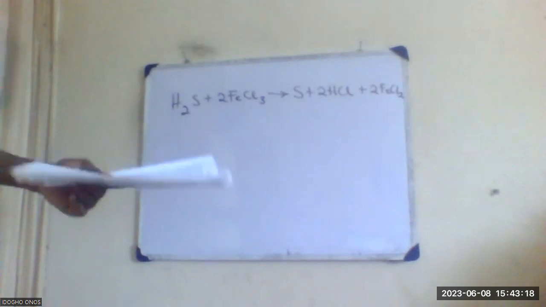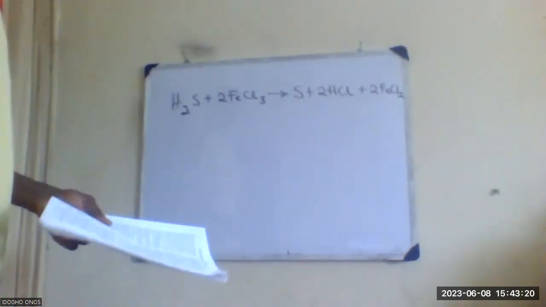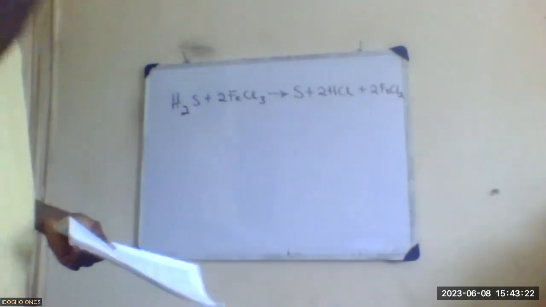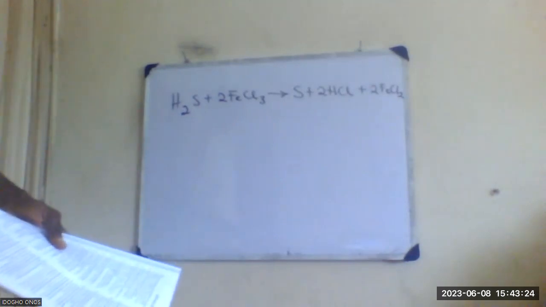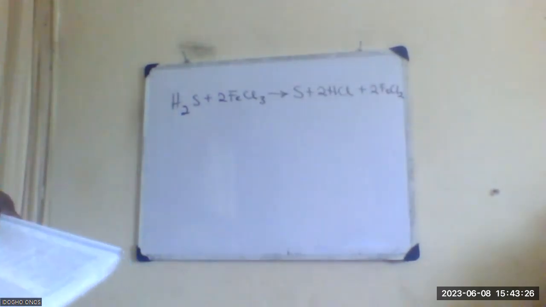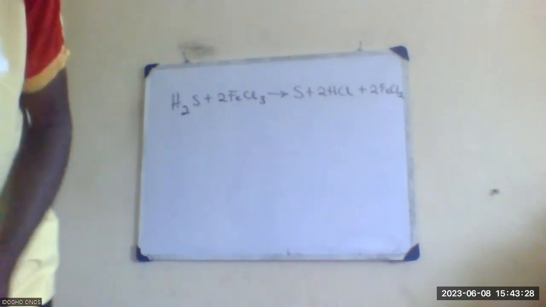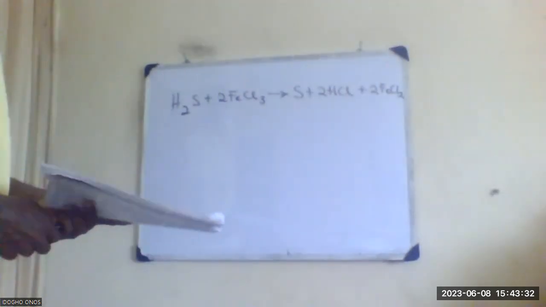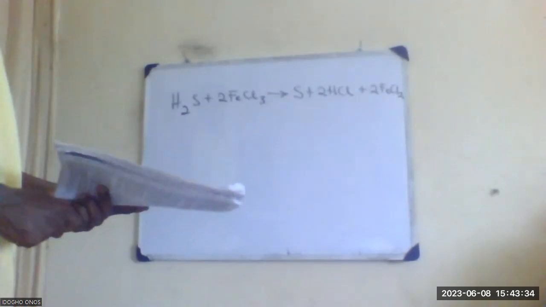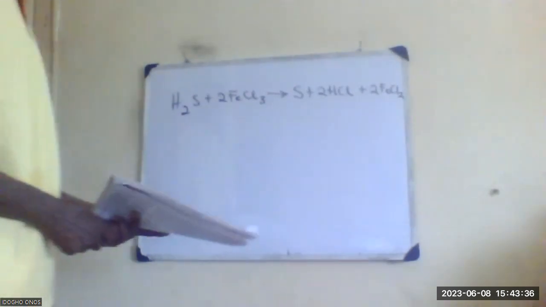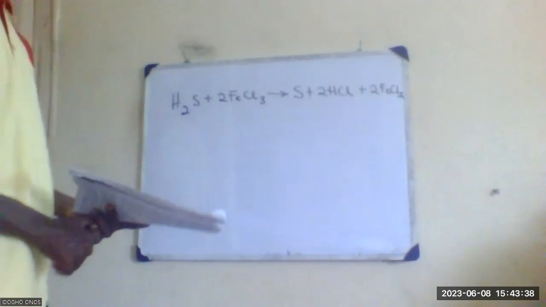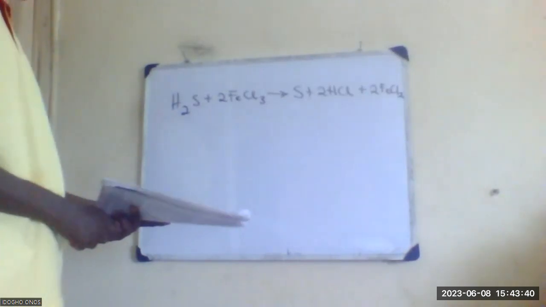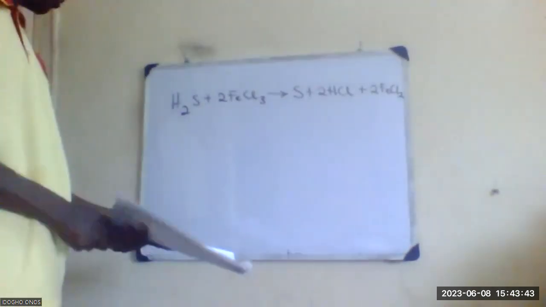Yeah. Okay. So if I ask a question now, what is the reducing agent or the oxidizing agent in this question? Can anybody try? The reducing agent is H2S. Yes. Okay. And the oxidizing agent is FeCl3, iron 3 chloride.